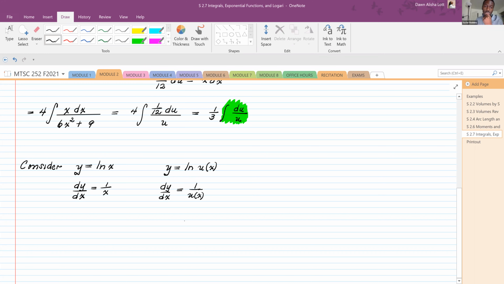I've got to differentiate what's inside, and what's inside is u, right? So this goes way back. The derivative with respect to x of the log of x squared: you put the x squared in the denominator, and then you multiply by the 2x, and you get 2 over x. You guys got to remember this stuff.